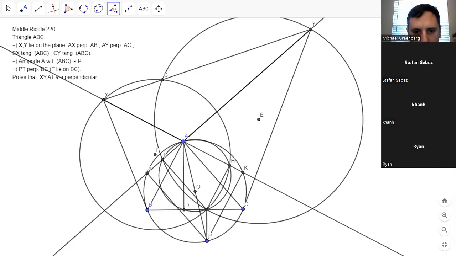So HDA, what do we know about that? I think there's some theorem about this. It almost feels like isogonal conjugates a little bit.